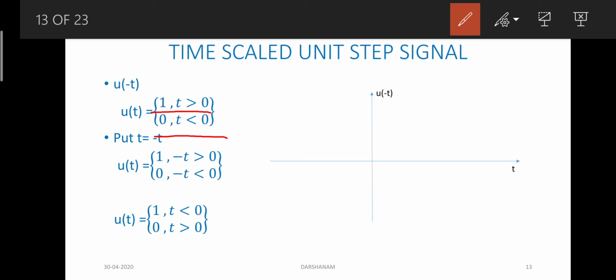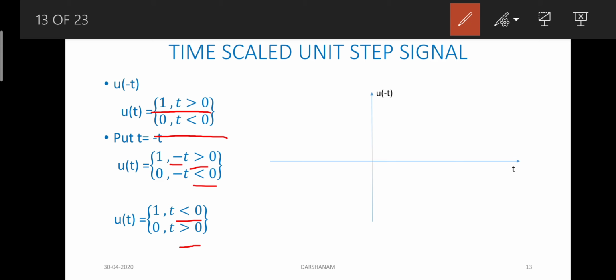So by moving this minus to the right hand side of the inequality, the inequality will change. That is, the greater than inequality will change to less than, and less than will change to greater than. So u of minus t is equal to 1 for t less than 0 and u of minus t is equal to 0 for t greater than 0.